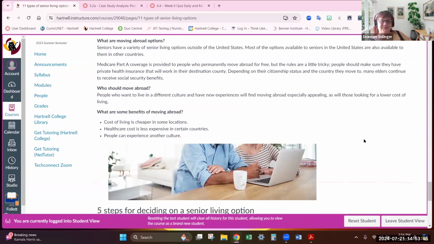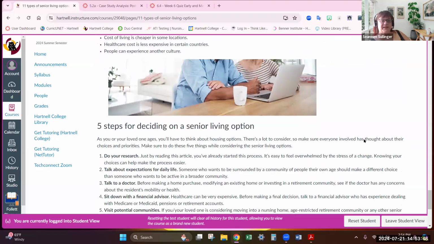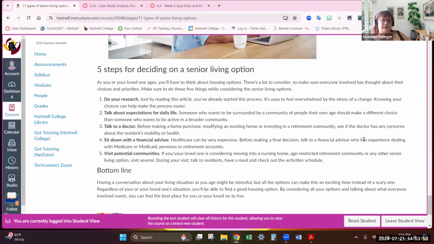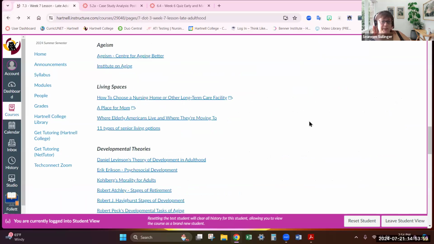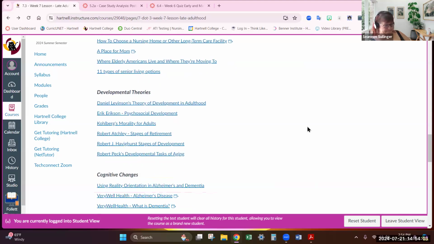So that's my plan. And then it gives you things about, do your research, same thing about finding a long-term care facility. How are you going to decide what good living options are? Depending on where you live, you might be fairly limited in your options.